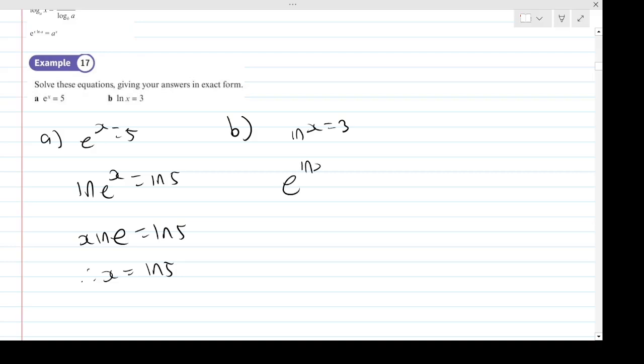So e to the ln x is e to the 3. Now remember my formula. My formula just explained that e to the ln x is just x. So that means x then equals e cubed, and I can get x that way, right? Okay, there we are.